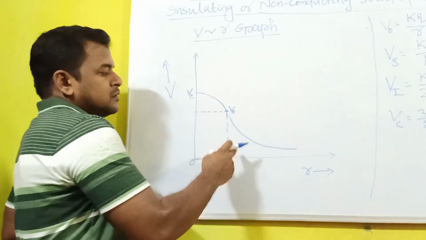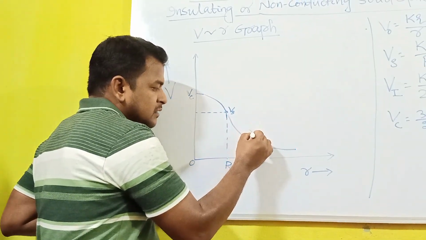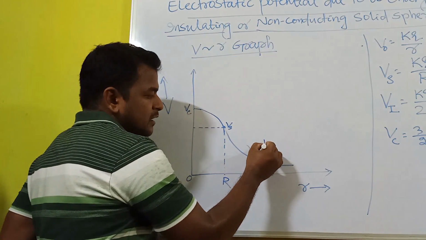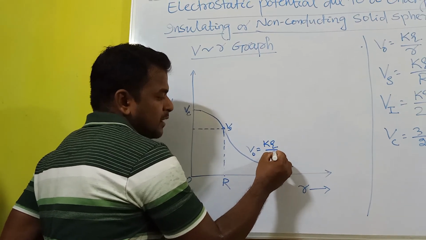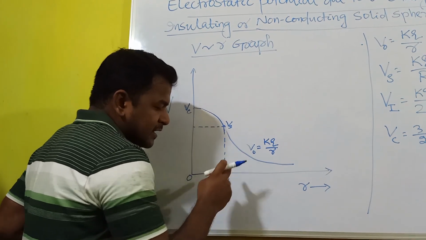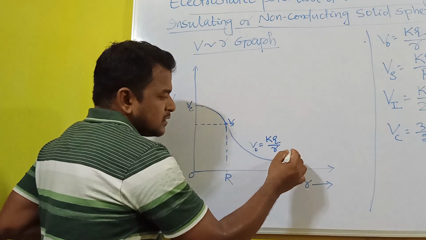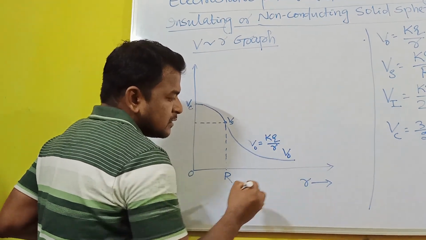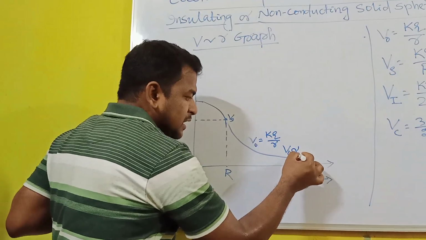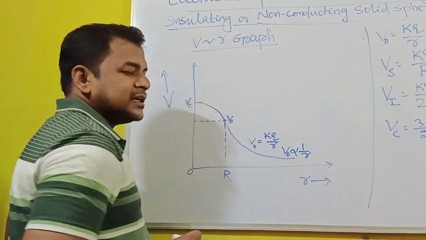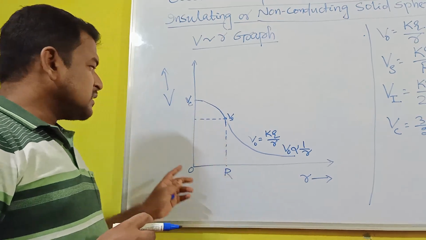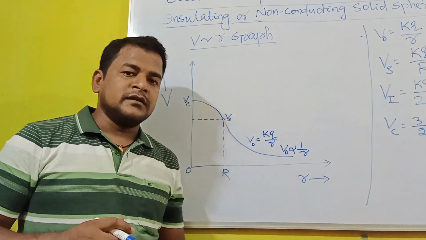Here, what is the potential? V outside, that is kq upon r. This value, the potential goes on decreasing, and such type of graph will be obtained because potential outside is inversely proportional to the distance. If the distance increases, then the potential will decrease. Then such type of graph will be obtained. Thank you.